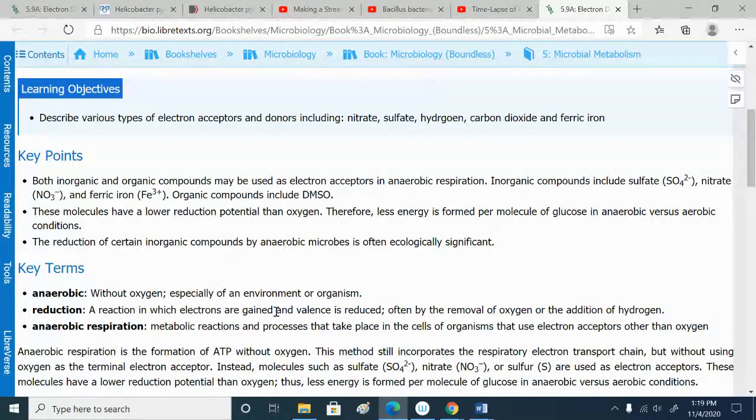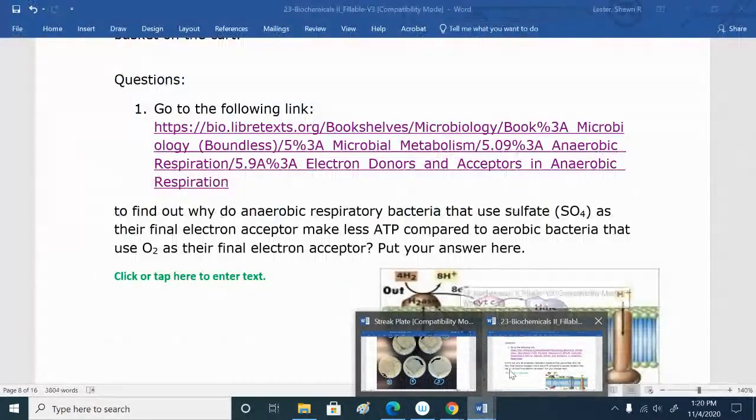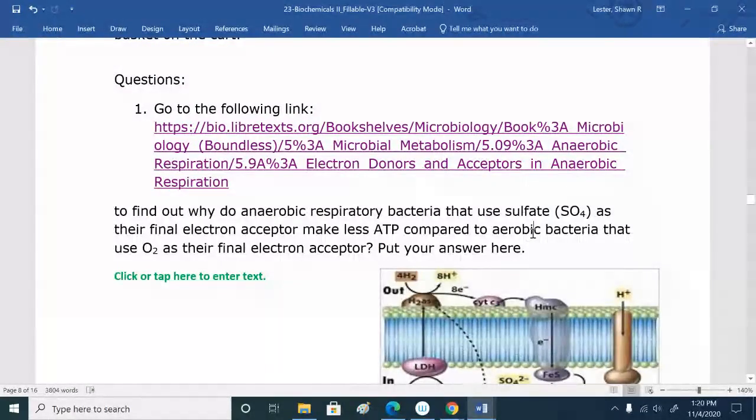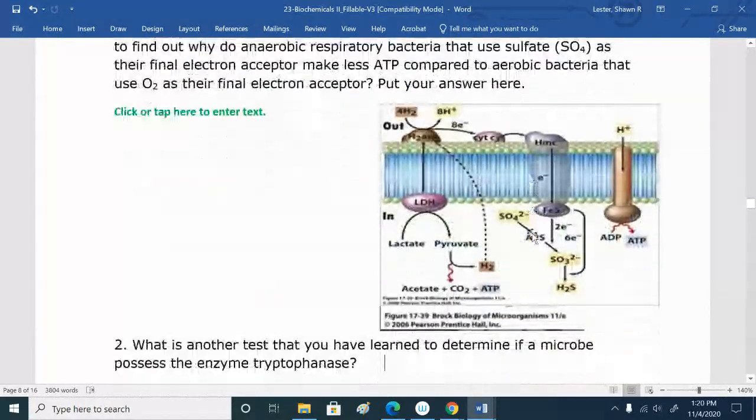And the reason why sulfate is not as good.